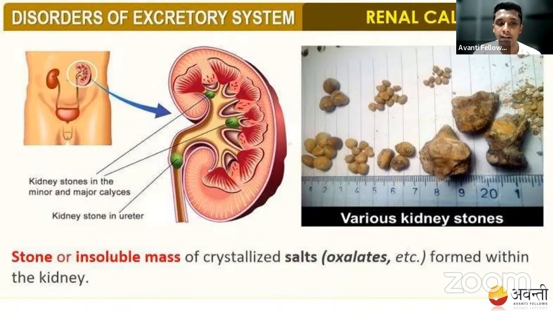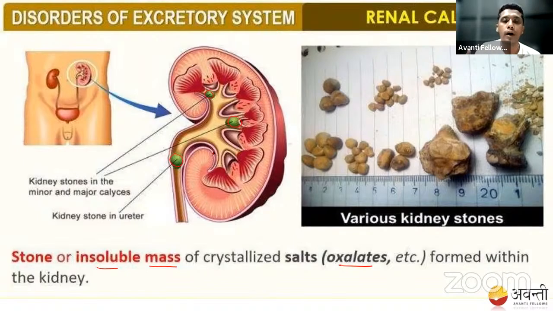So what is happening in a kidney stone? An insoluble mass starts forming, usually oxalates of calcium, which is a very common form of kidney stone. You can see here that the formation of stones happens in the kidney, which is highly painful.